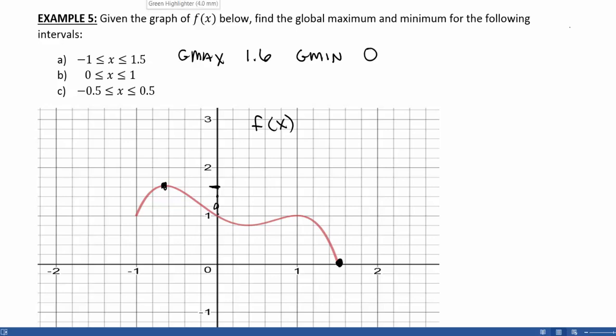Part B, x between 0 and 1. So if we're looking between 0 and 1, that means we're only considering the part of the graph between 0 and 1. So I'm going to trace that in blue so we can see what we're looking at here. So now, if we're considering the global max and the global min on that restricted interval, the global max, the highest point, appears to happen twice at both of the endpoints here.